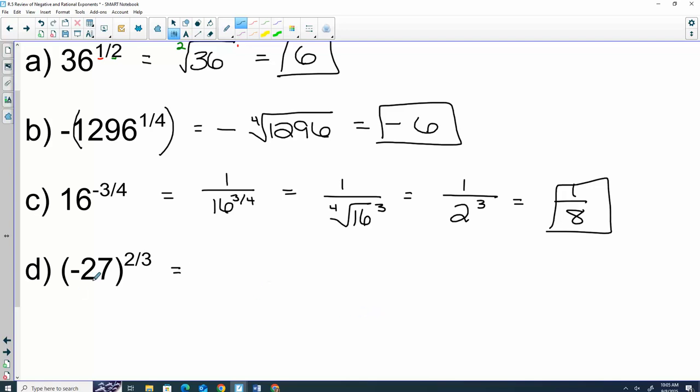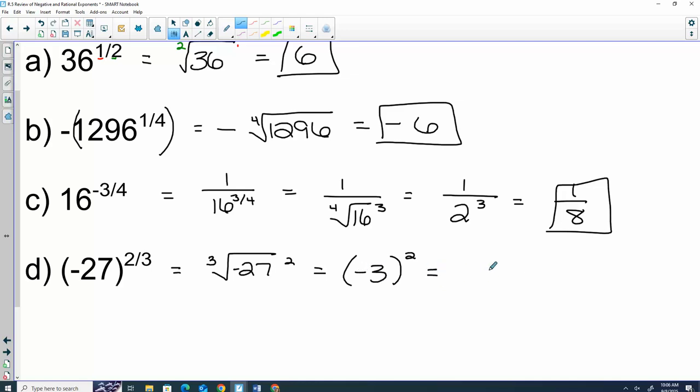Alright, so D, this time, the negative 27 is inside my parentheses, so the 2/3 applies to all of it. So it's the cube root of negative 27 squared. What is the cube root of negative 27? Negative 3, yeah.